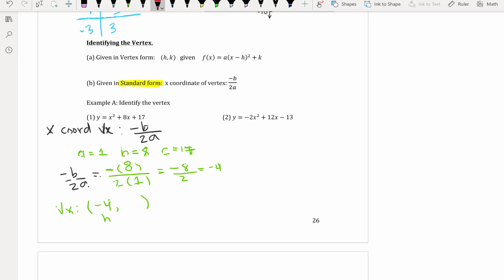Now I'm trying to figure out what my k value is going to be. So to figure out the k value, what I do is I actually plug in -4 into that equation. So I know that I have y is equal to x squared plus 8x plus 17.